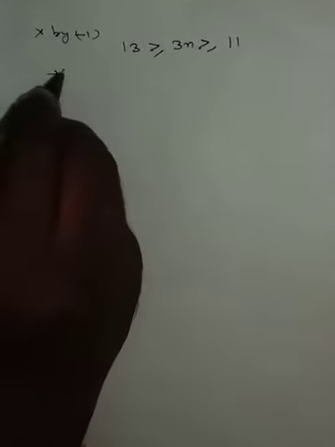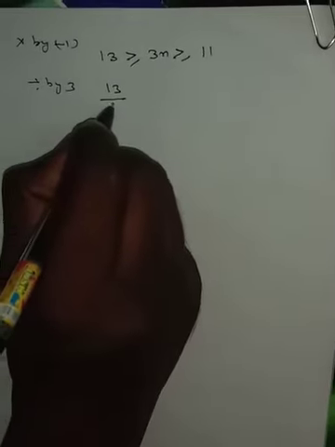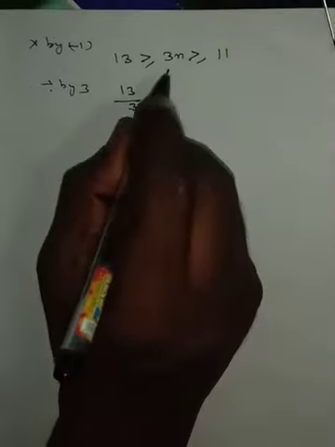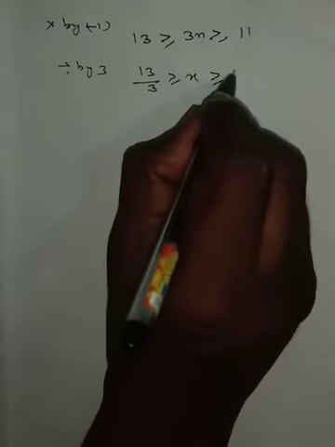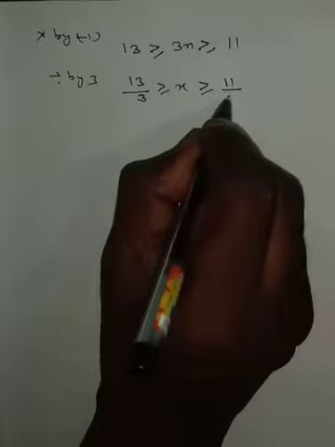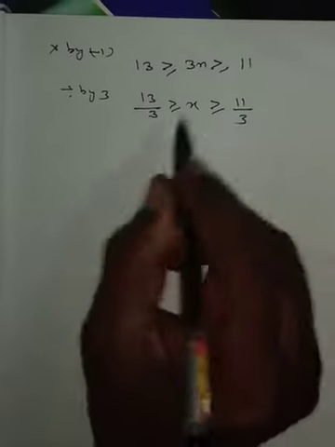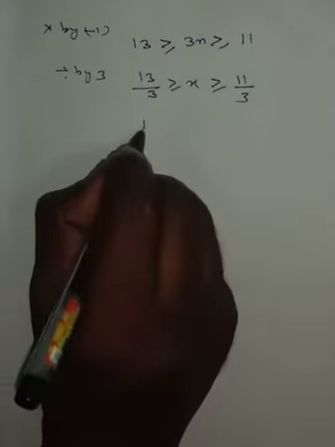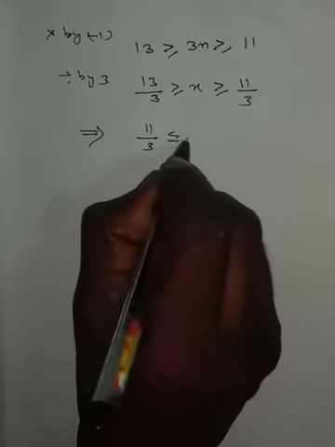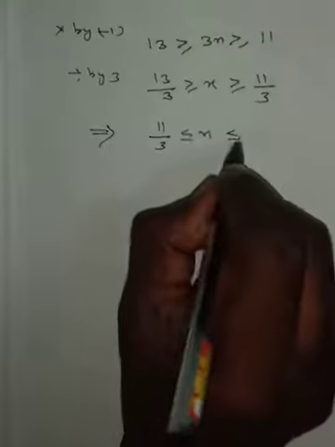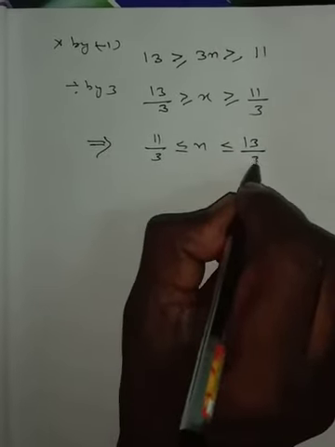We have 13 by 3 greater than or equal to x greater than or equal to 11 by 3. This inequality becomes 11 by 3 less than or equal to x less than or equal to 13 by 3.